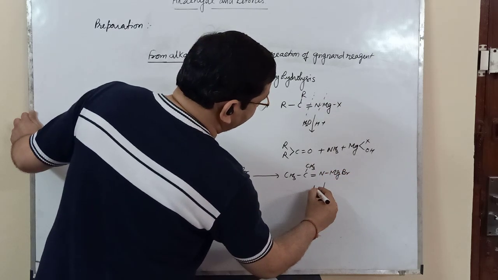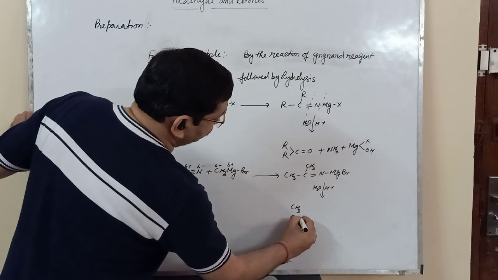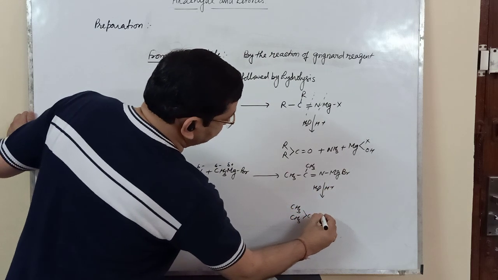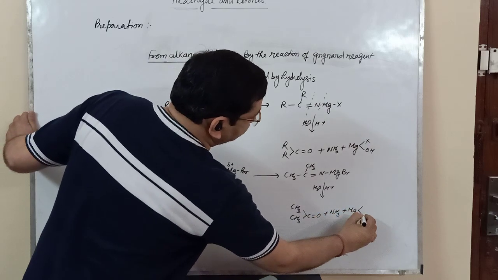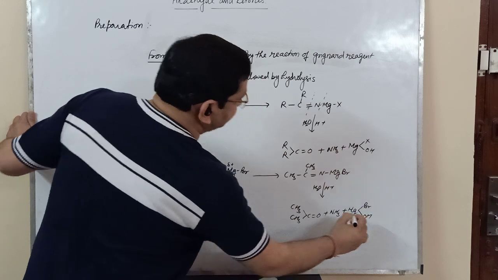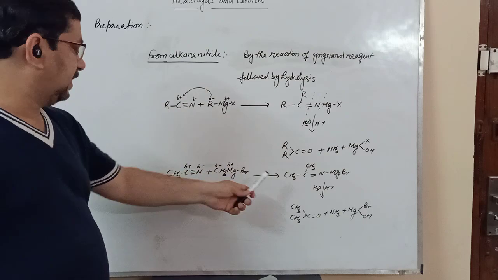When we go for its hydrolysis, it will give ketone plus NH3 plus MgBrOH. So this is the preparation of ketone from alkyl nitrile.